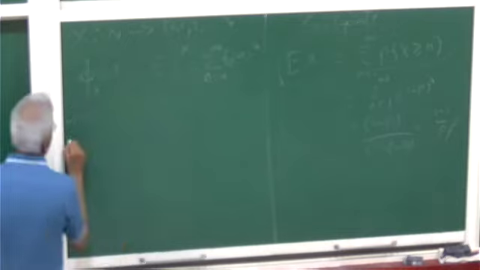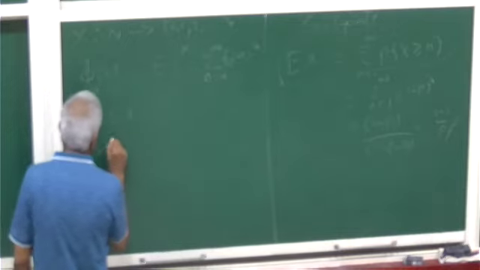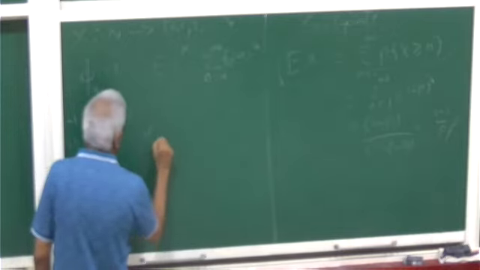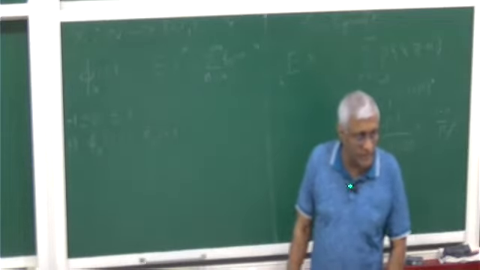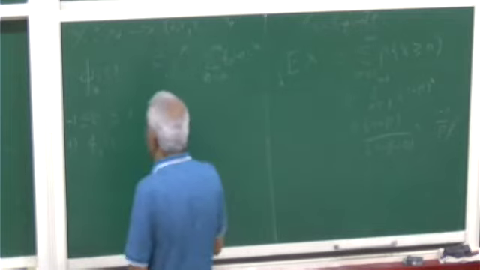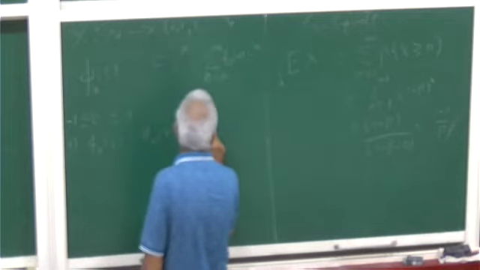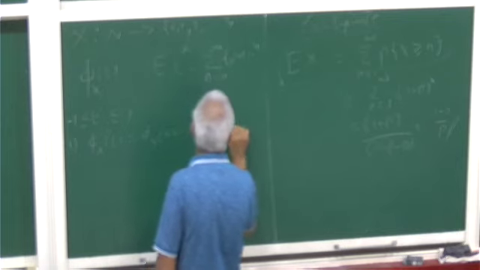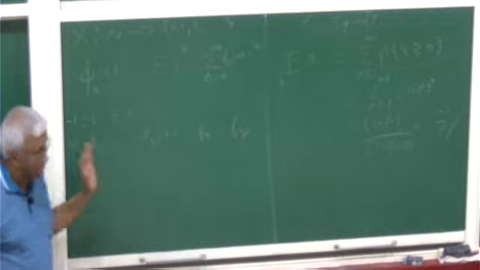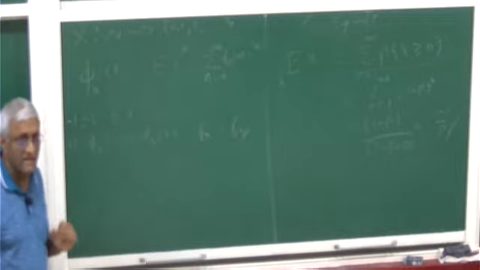Then the first fact we proved is that if P_X(t) equals P_Y(t) for two random variables, or for two density functions, then the densities are the same, that is, f_X is equal to f_Y. If two random variables have the same moment generating function, then the densities are the same.